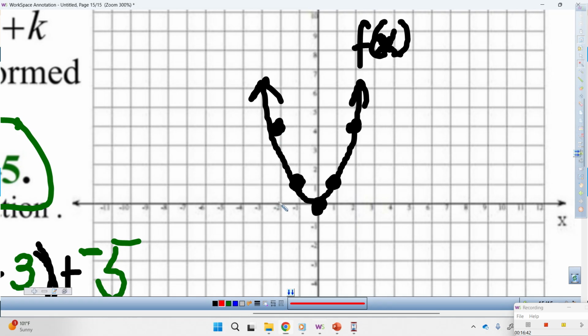All right, let's do it again. Our original point is at -2, 4. But if our A is 2, our new point is going to be at -2 instead of 4, it's going to be at 8. So plot your red point up here.